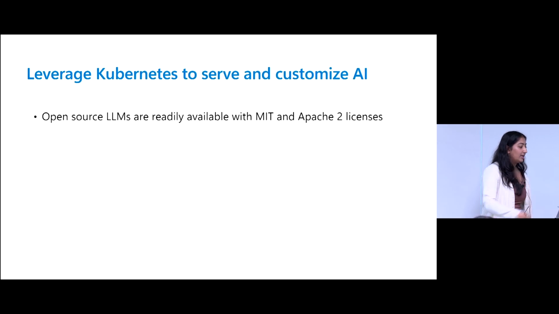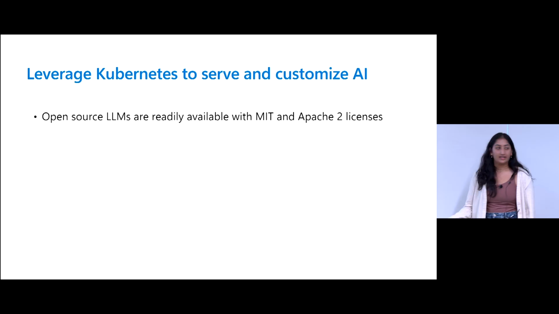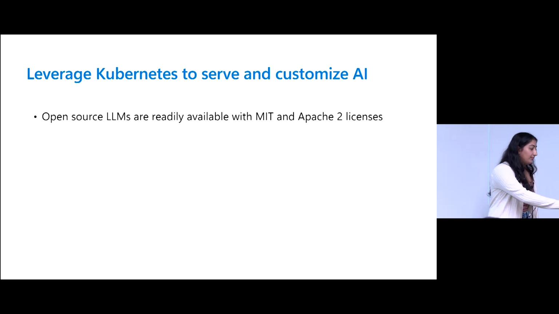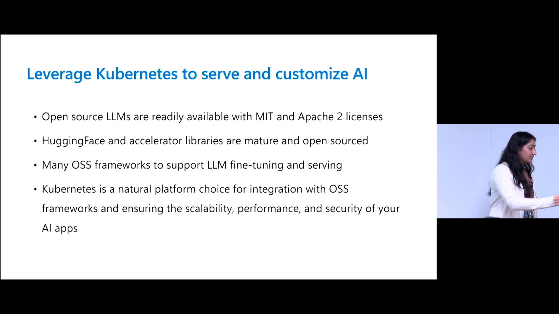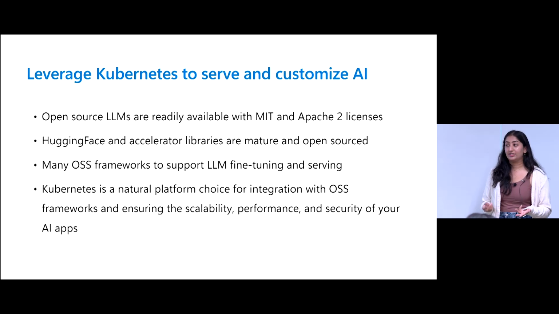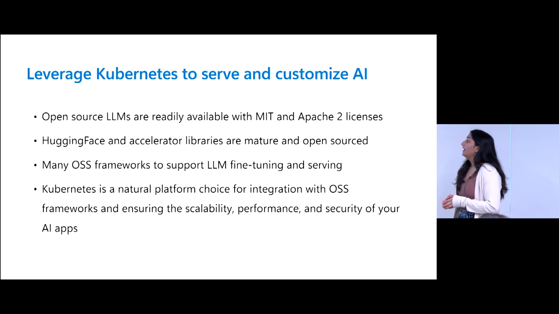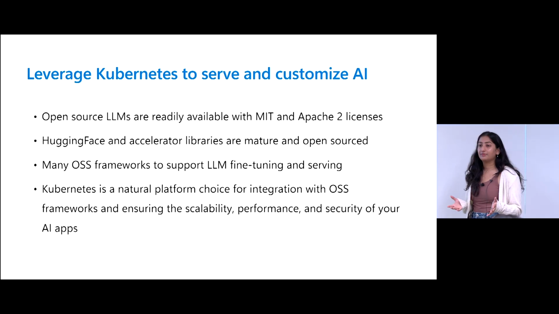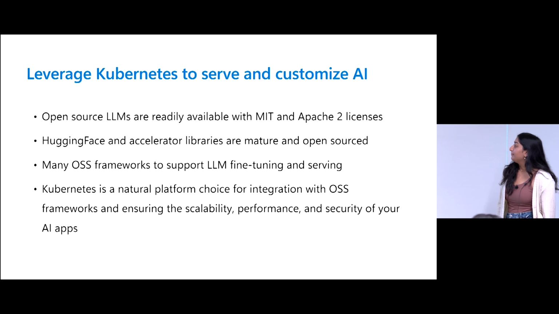So this is where Kubernetes can be the platform to land your AI apps. There are many open source large language models readily available out there, and even more being developed, that have the MIT or Apache 2 license. And Hugging Face and accelerator libraries are mature and offer a range of different techniques to optimize and improve the efficiency of your AI workloads.